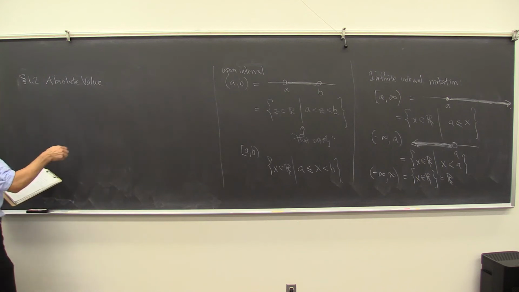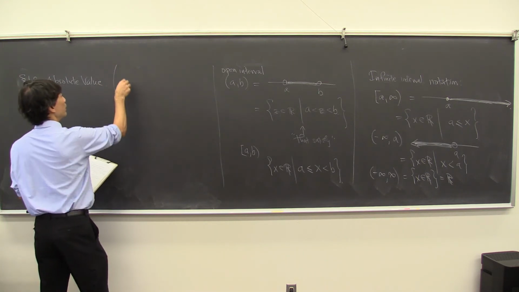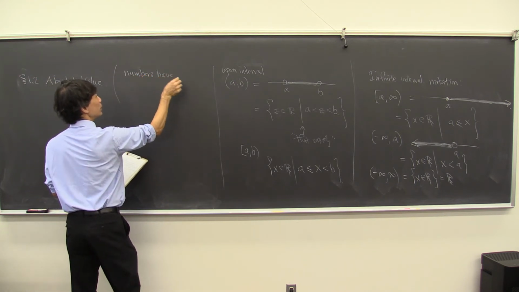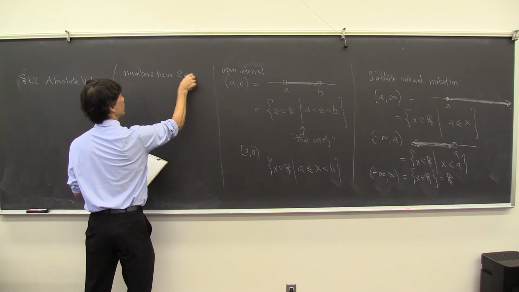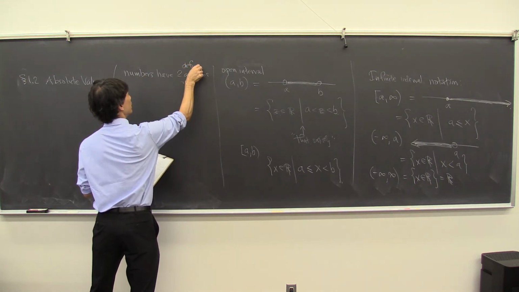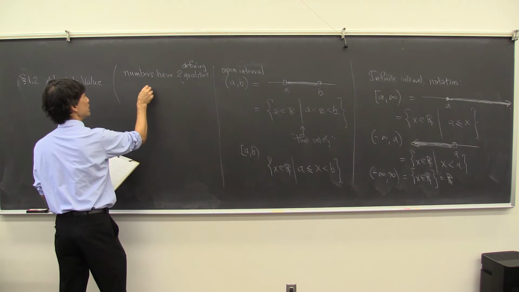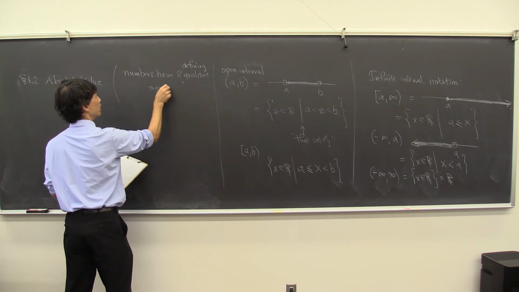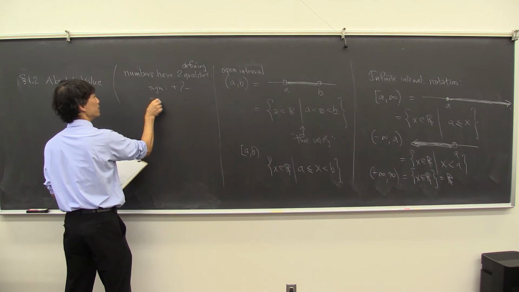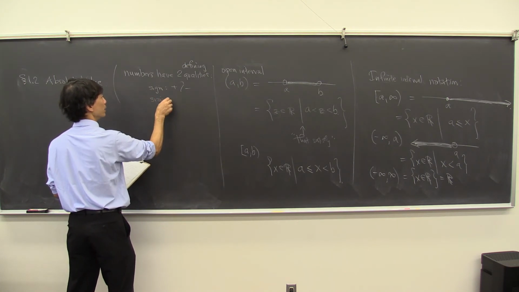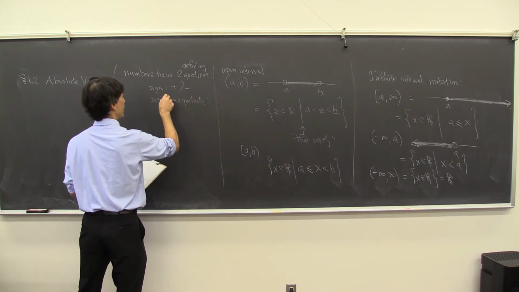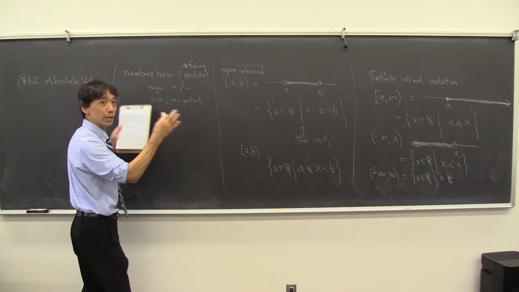The point is that numbers basically have two defining qualities. The first is the sign, if it's plus or minus, and the second is the size, the magnitude of the number, like how large it is.